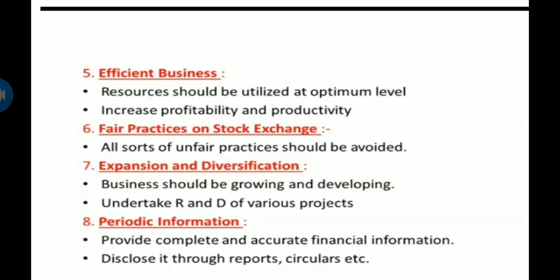Then eighth is periodic information. Owners should get complete and accurate information about the financial position. Business should disclose information through reports, circulars, etc. That means owners should get complete and accurate information about the financial position of their business.